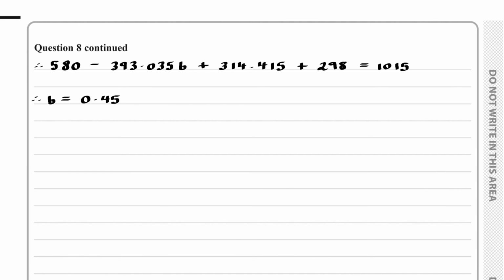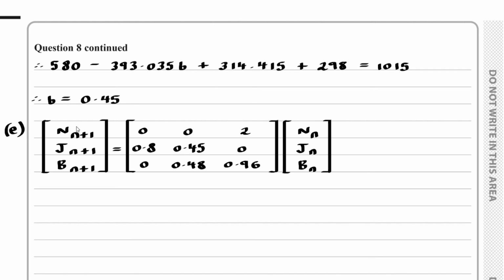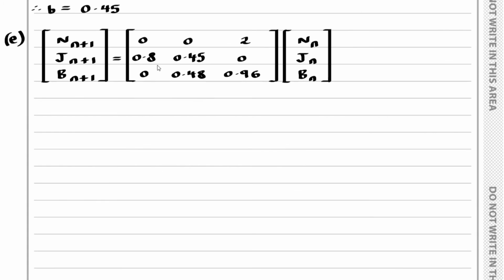So the way we think about this is, well, here is our current matrix. We've got n plus 1, j n plus 1, b n plus 1 equals 0, 0, 2, 0.8, 0.45, 0, 0, 0.48, 0.96 multiplied by nn, jn, bn.